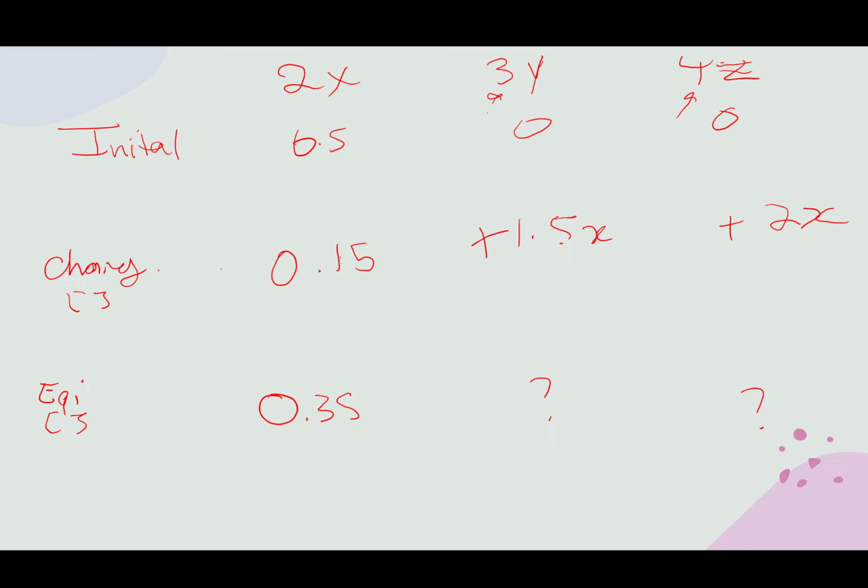Remember, x was 0.15, right? So if we decrease by 0.15 here, we have to increase stoichiometrically going across. So if we decrease by 0.15 for 2x, we're going to have to increase by 1.5 times 0.15.